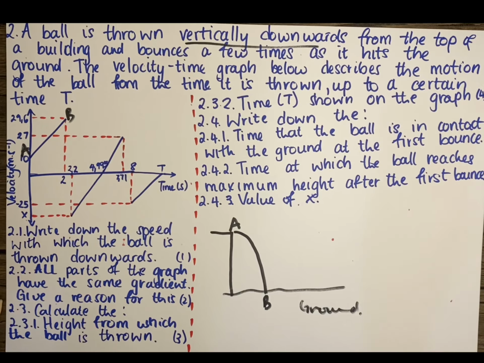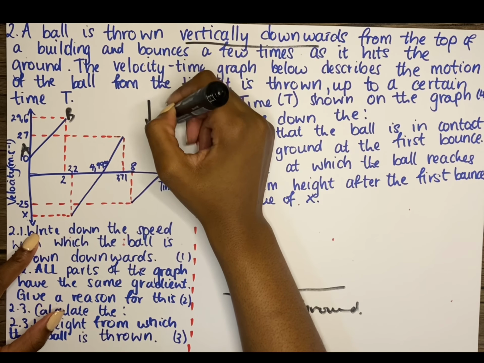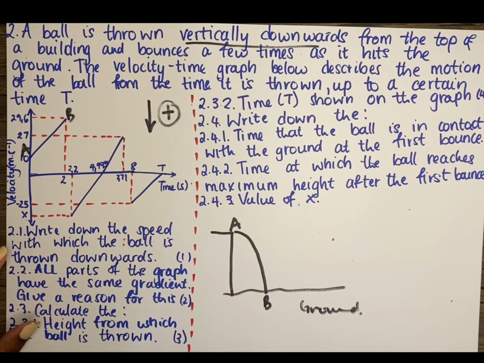Right? As you can see from this one, down is taken as positive, right? So I always said when you're given a graph, you don't pick, the graph tells you which direction is going to be taken as positive, right? And you can take the ground as your zero reference to simplify your life if it's not mentioned.